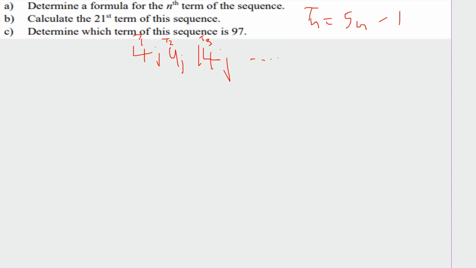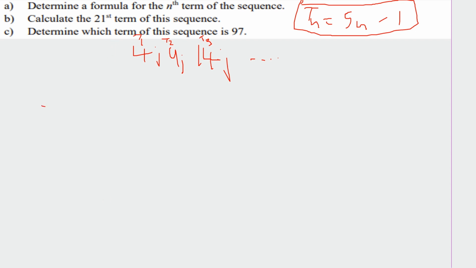You will say, okay, now we have our general term, which is this one. Remember, this is our general term here at the top. So basically, they want the value of the 21st term of the sequence.